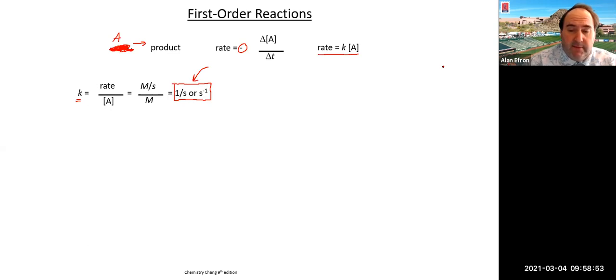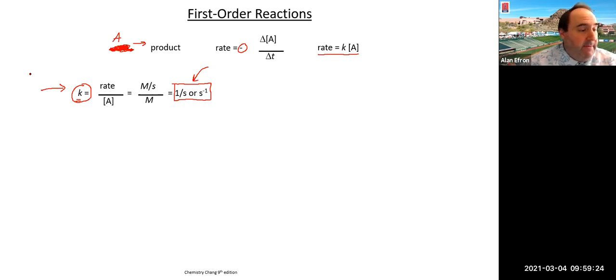But just to remind you, it does not necessarily have to be seconds, but it does have to be some unit of time. So a reciprocal unit of time is an indication that you're dealing with a first order reaction. Why is this important? As I maybe talked about the other day, there will be a lot of problems where they will not put flashing lights on the problem and say, hey, we are now dealing with a first order reaction.